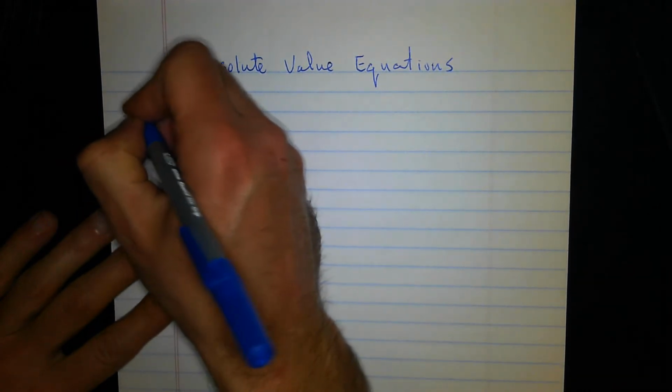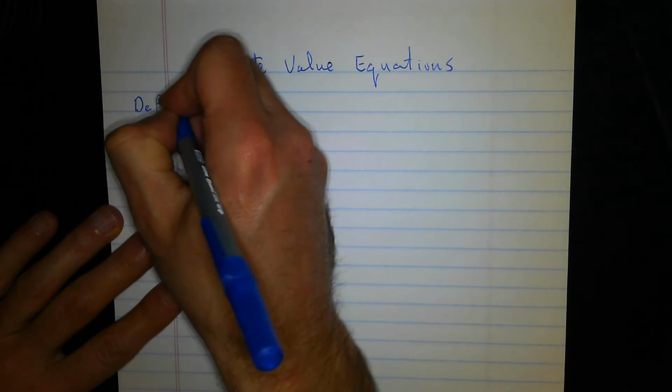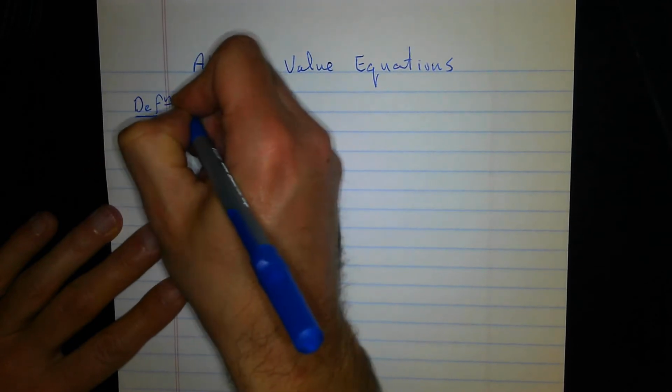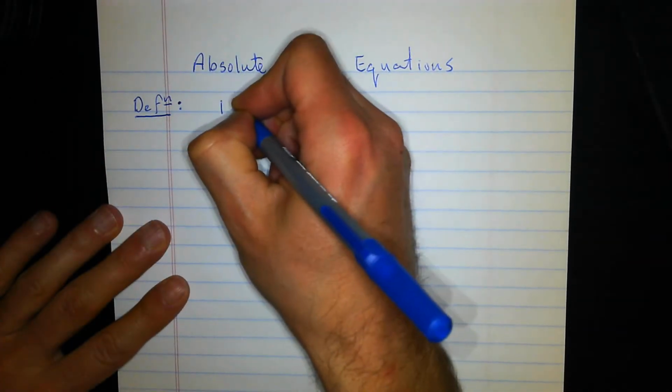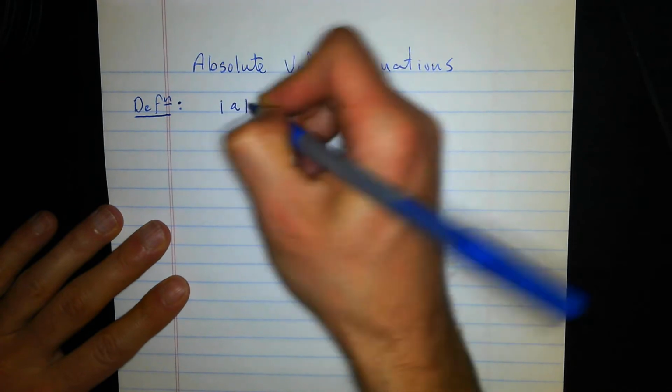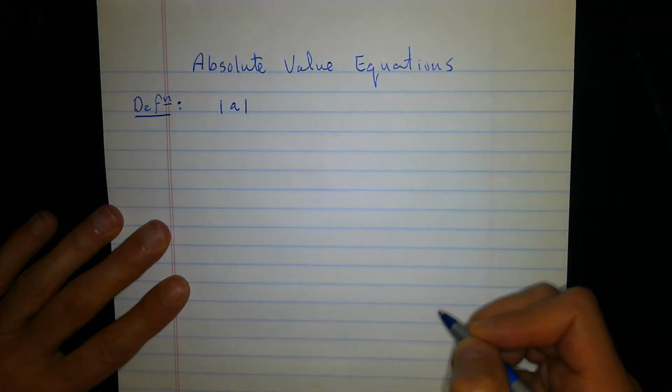What is the definition of an absolute value? Well, we just say the absolute value of A, and we use the vertical bars to denote the absolute value.